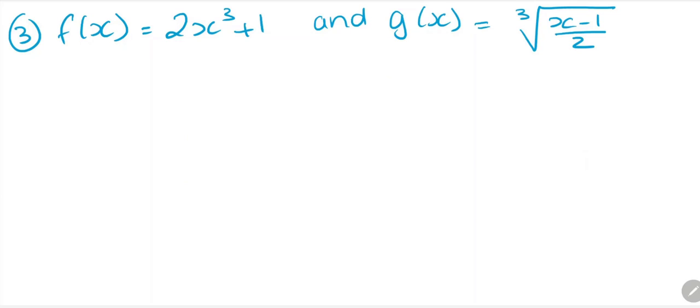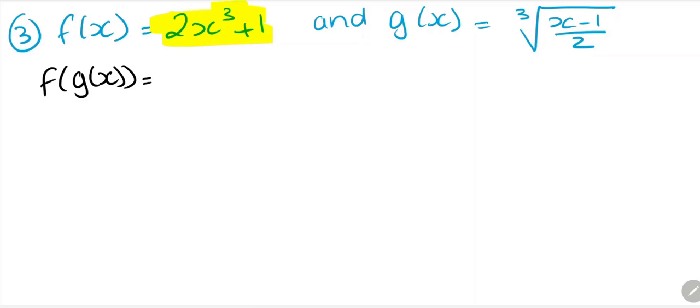Okay, so question 3. We need to show that these functions are inverse functions. So if we take f of g of x, and then if we take our function of f of x, and instead of x, we will write our function of g of x.